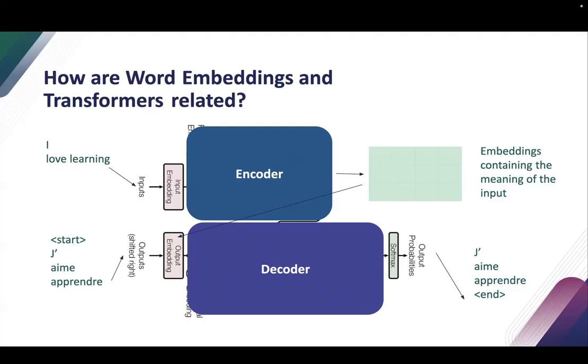So "I" alone, what does that mean? "Love" alone, what does that mean? And "learning" alone, what does that mean? But "I love learning" is a whole context. So going back to what you were saying, "I love learning" gets embedded all at once, but then the generation part of the translation of each word is one at a time.